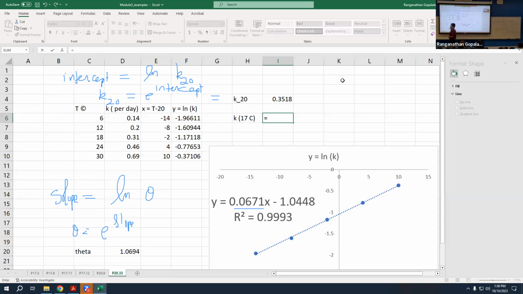K20 multiplied by theta raised to the power temperature, which in this case is 17 minus 20. That's your rate at 17 degrees Celsius. I know I went through that pretty quickly. Take a minute, ask me if there is any question.